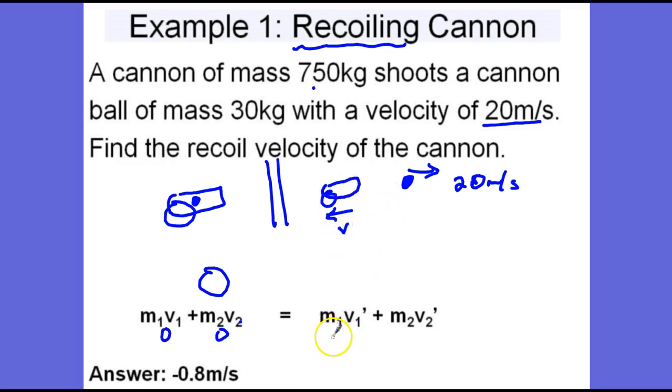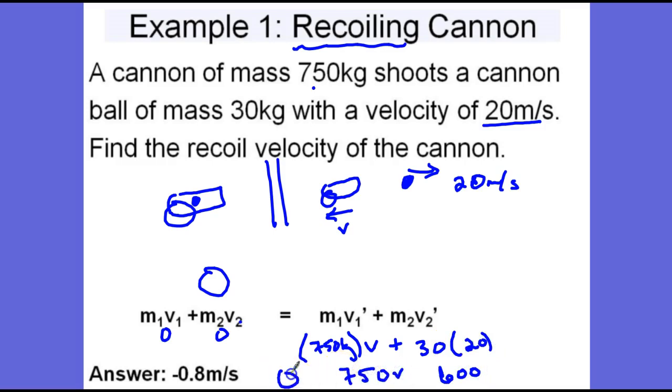So on this side of the equation, we have the mass of the cannon, 750 kilograms, times its velocity, which we don't know, plus the mass of the ball, 30 kilograms, times the velocity of the ball. So we have a 600 here, 750 v.